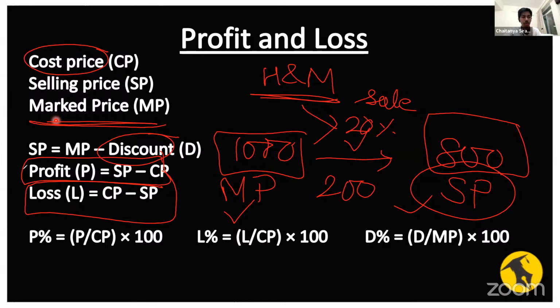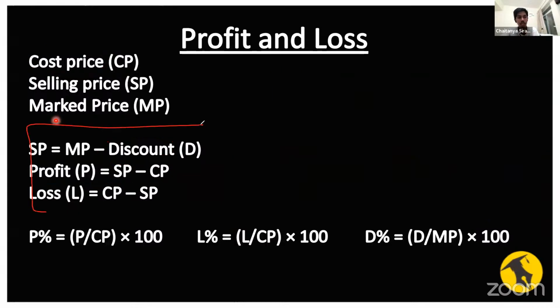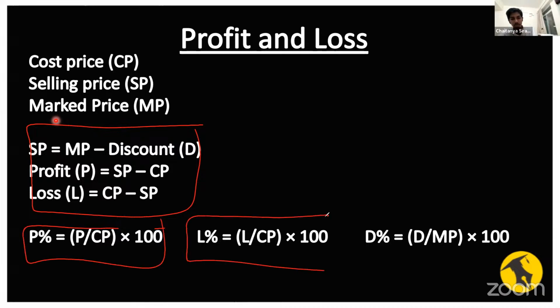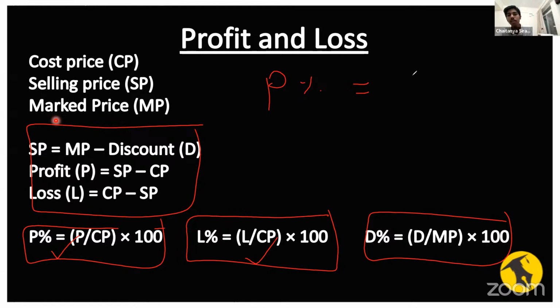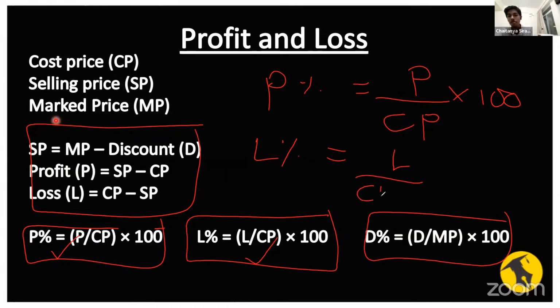I just want you to quickly write these formulas and these formulas as well. For profit percentage and loss percentage, profit percent is profit upon cost price into 100, and loss percent is loss upon cost price into 100.